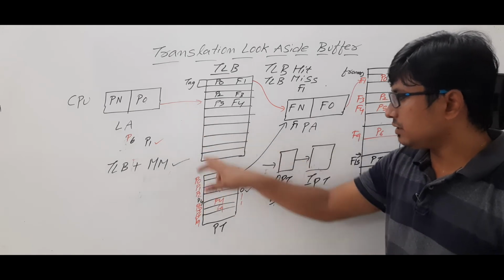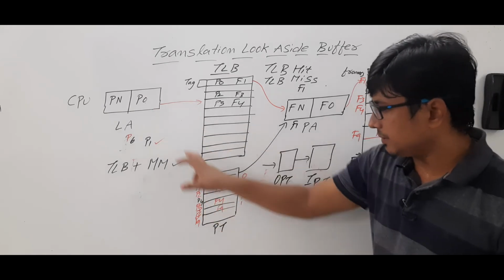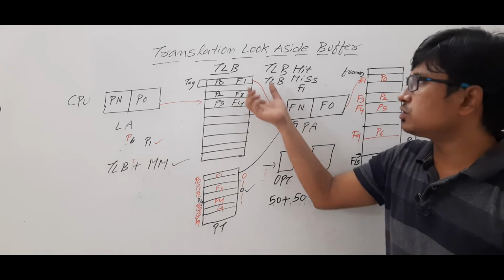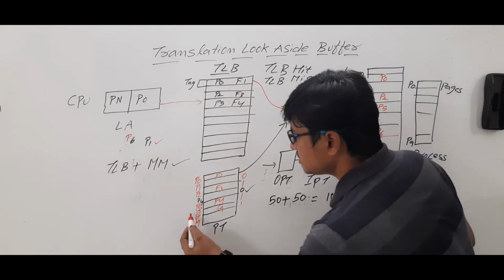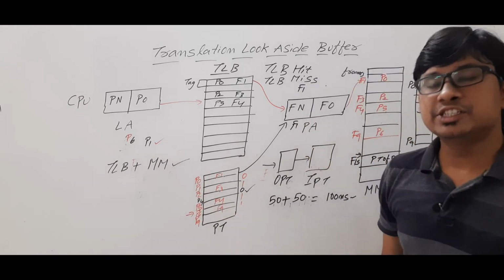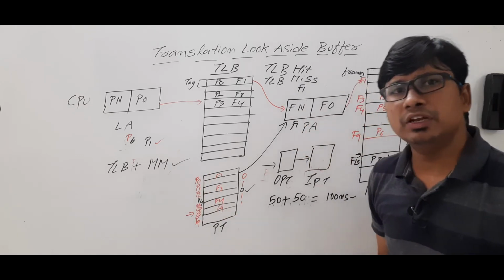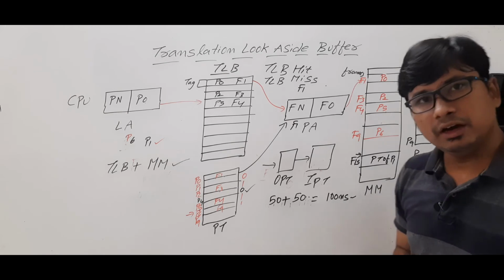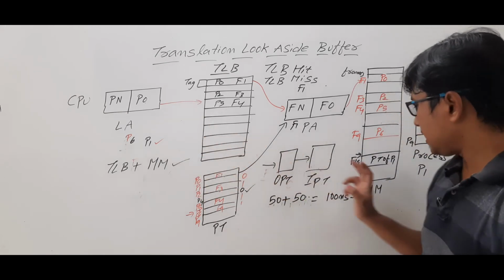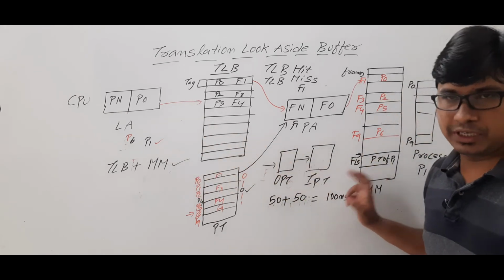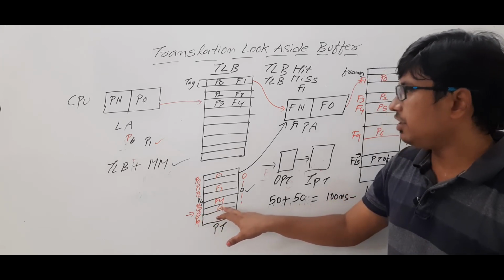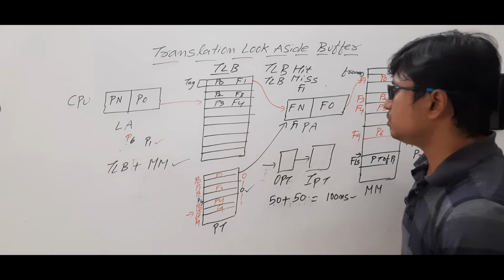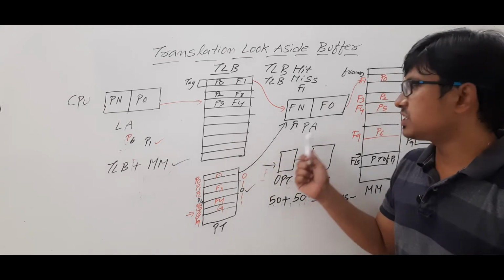Then we will look at the page table. Page number 6 information is not available in the TLB, so it will search the page table. Where will the page table be? The page table will be in the main memory. So first we will access the main memory to get the page table, and then we will access page number 6, which is available in the frame number 9. So we will convert it into a physical address.